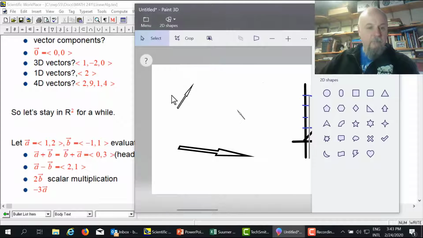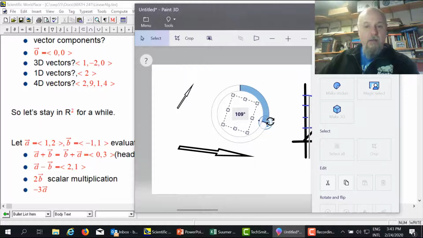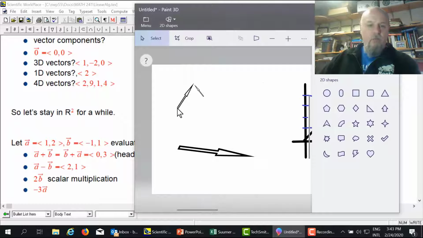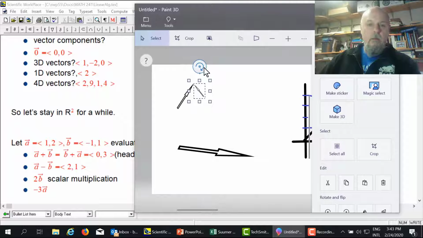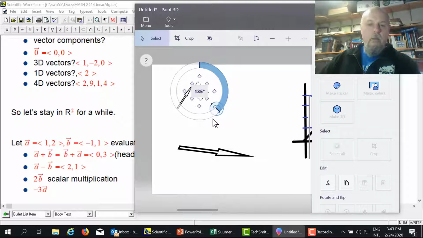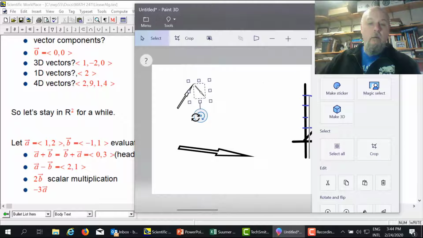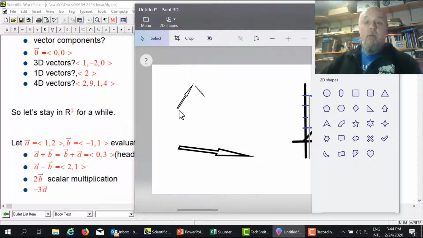I would take vector A, and I want to subtract vector B. So if I reverse vector B, and add it, that's a negative B now.